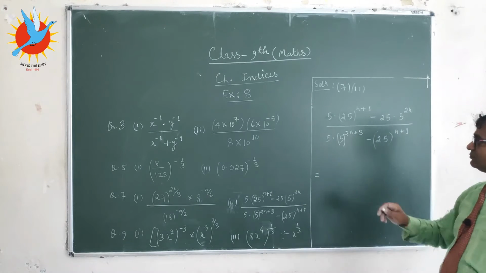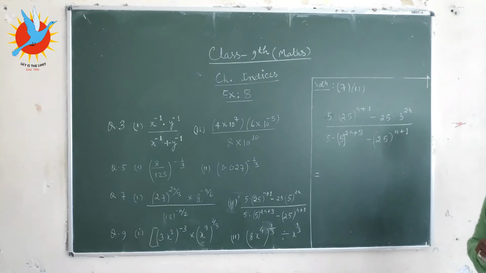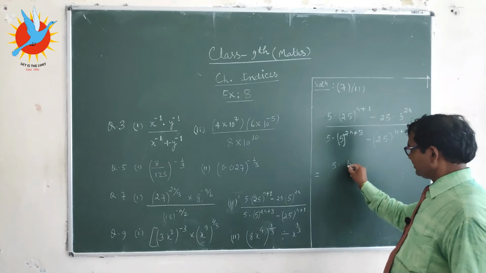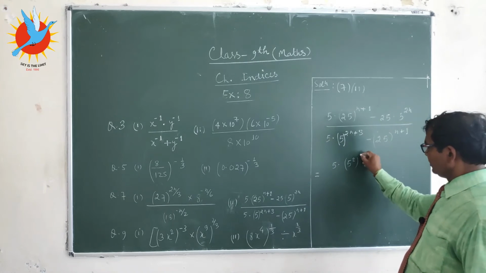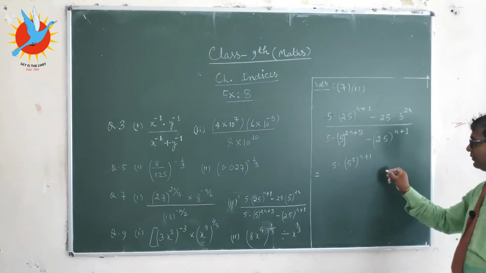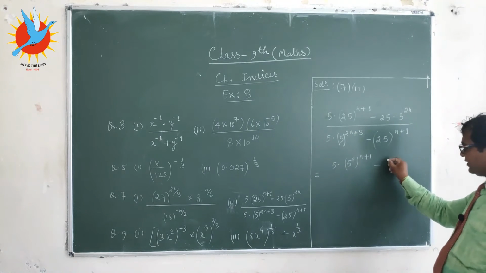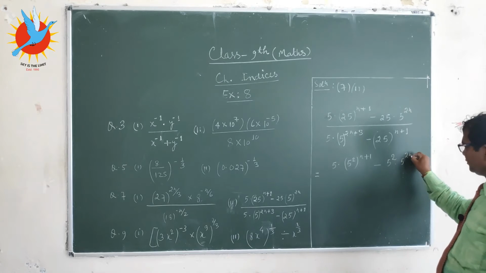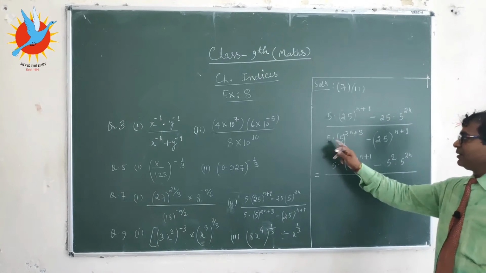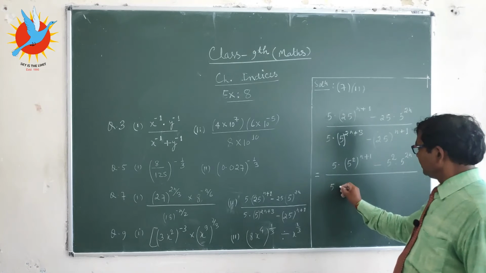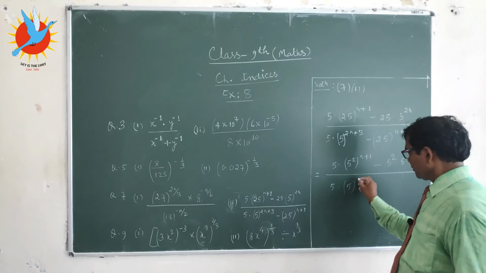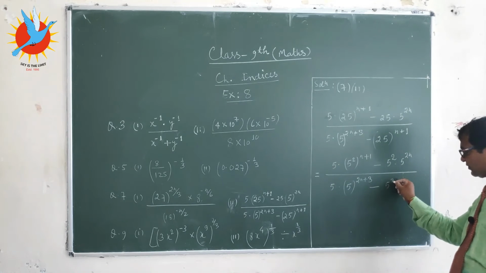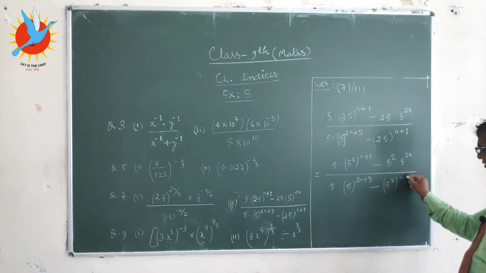Now convert this into square of 5. This will become 5 into 5 square to the power n plus 1 minus, this can also be written as 5 square into 5 to the power 2n over 5 into 5 to the power 2n plus 3 minus 5 square to the power n plus 1.